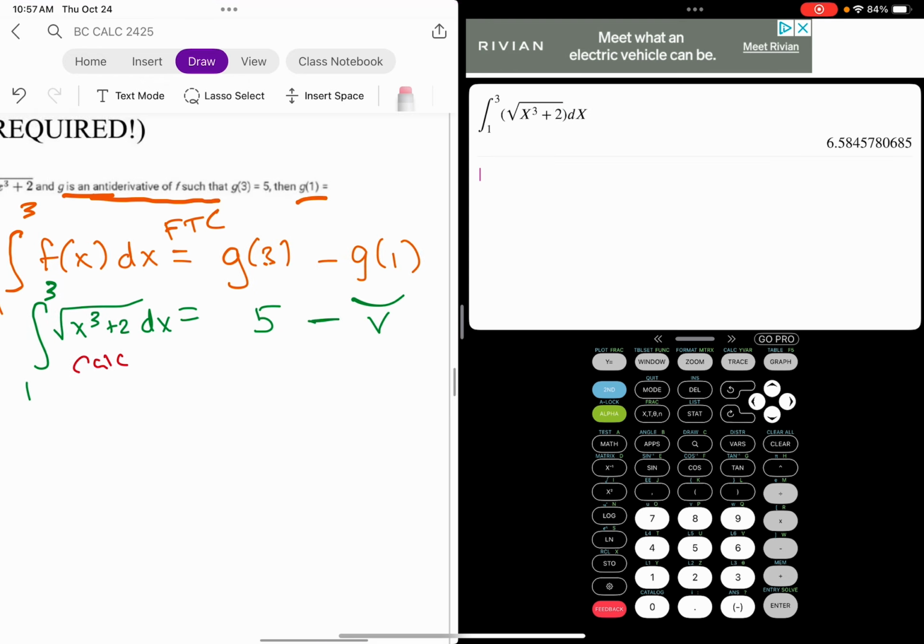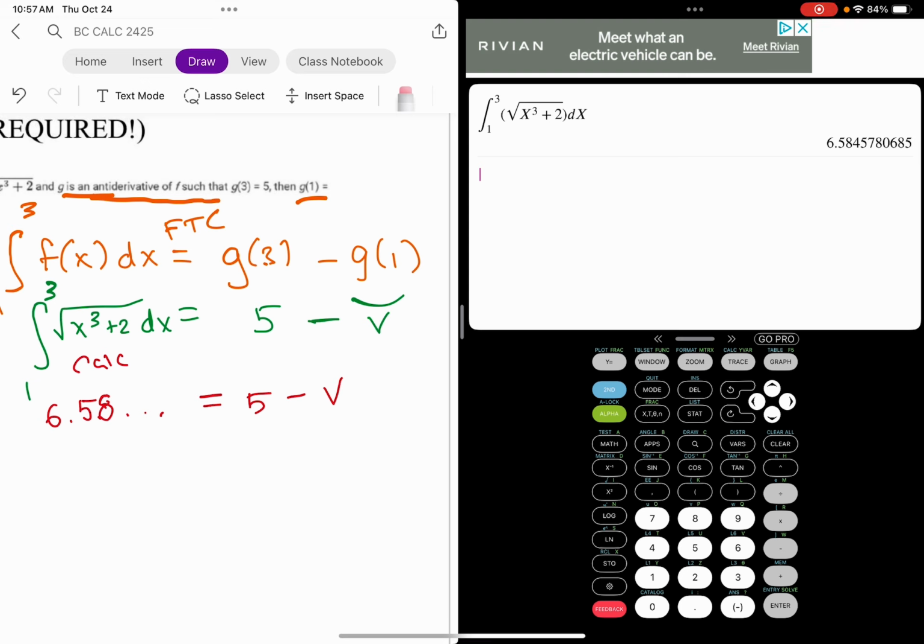If you look over here, whether you scribble it down or not, this was about 6.584, etc. That equals 5 minus our value.